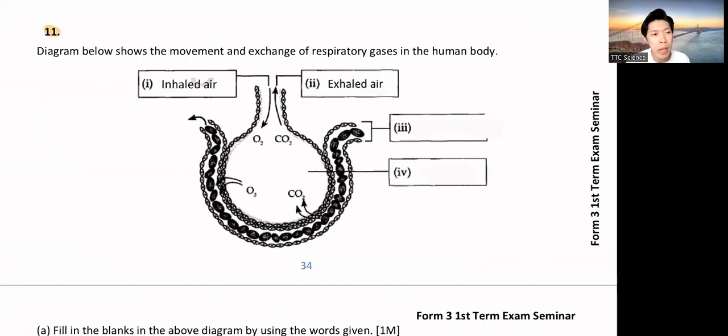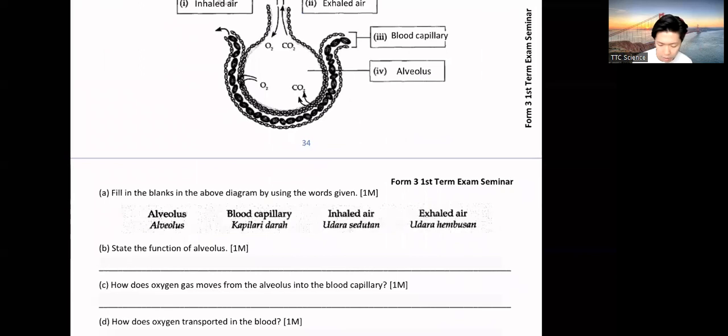Inhale air, exhale air, carbon dioxide, oxygen. Then number 3 is pointing at the blood vessels. The whole tube outside is called the blood vessels. And then the inside is the alveolus, the balloon that you're looking at. Okay, good. Easy. The choices are on the next page.